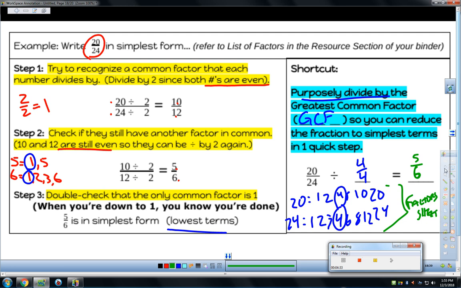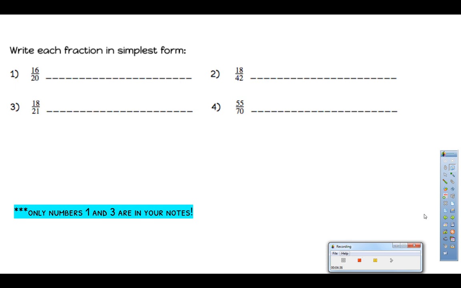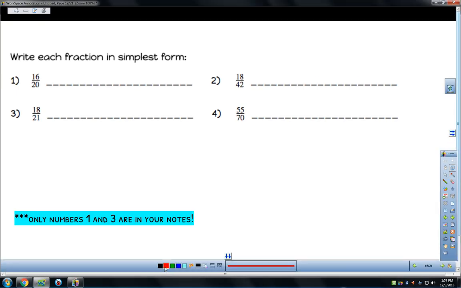Let's try some. We'll do one together. Only 1 and 3 are in your notes, so I'm going to pick 2 and then 4 to try, and you can try 1 and 3 in your notes. So here we go. 18 and 42. They're both even.